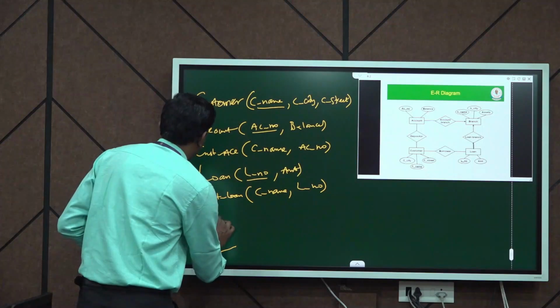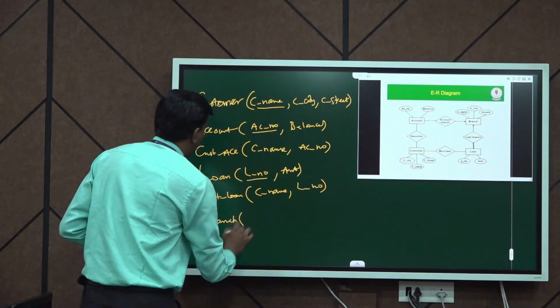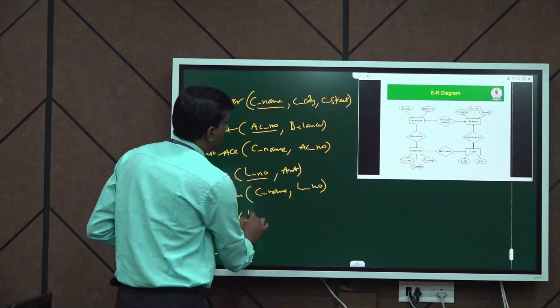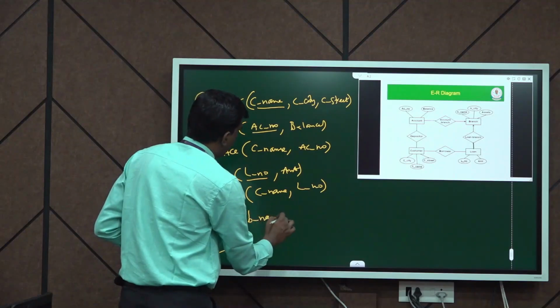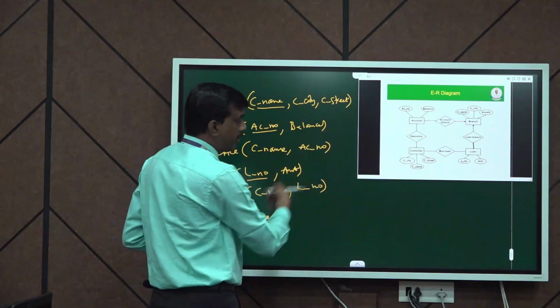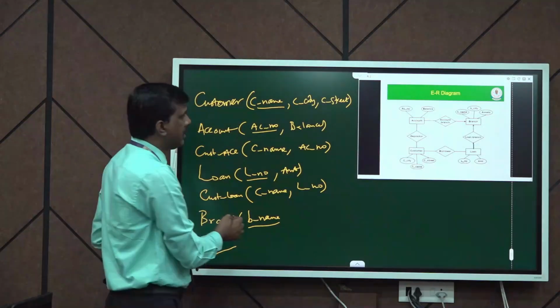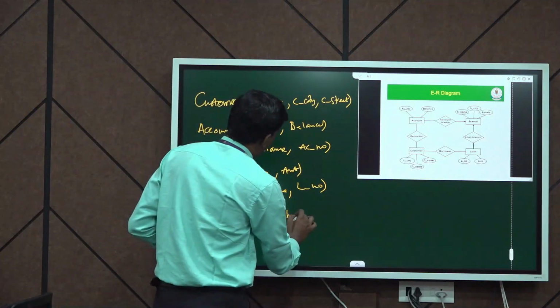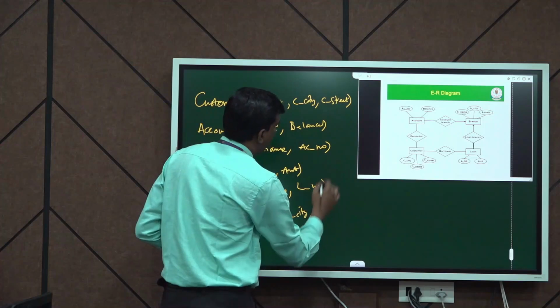In branch, branch name is the key attribute, so I convert this into the primary key, then branch city, then assets.